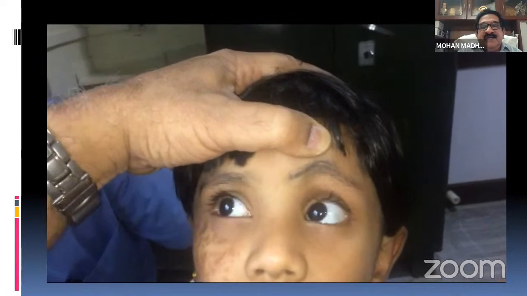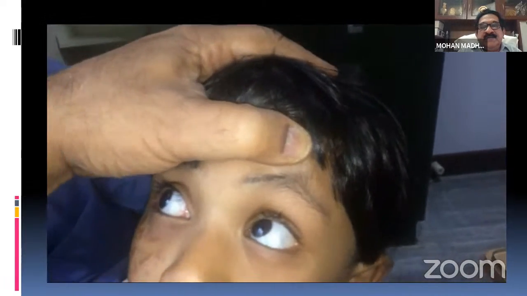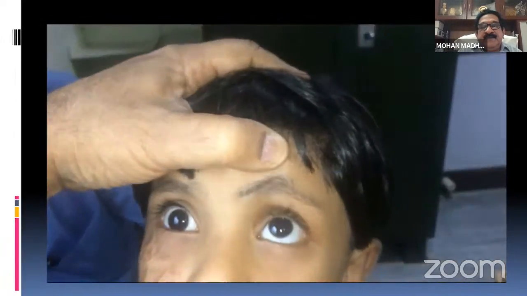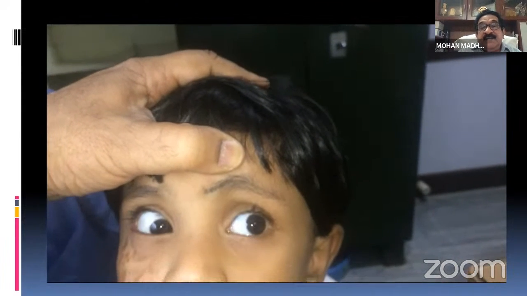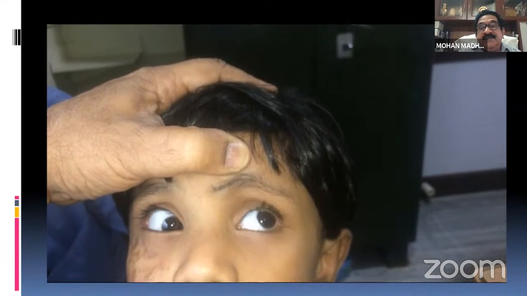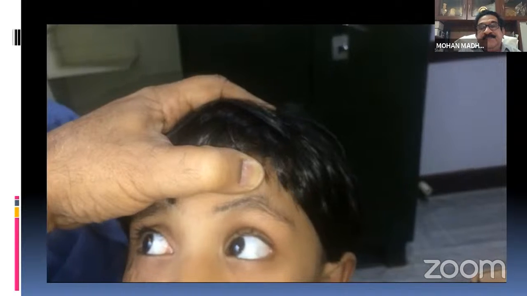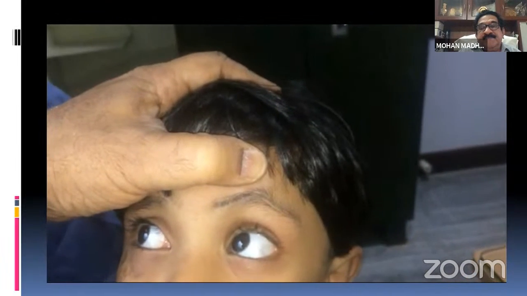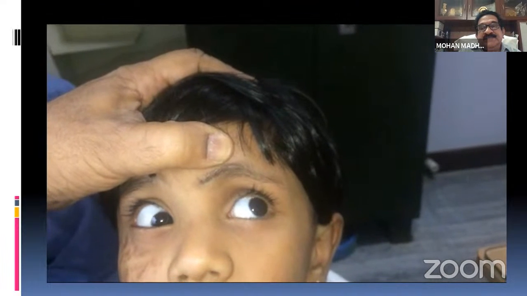The left side, right, up and down. Left up and down. This is the left up and down. See what is happening with the right eye.